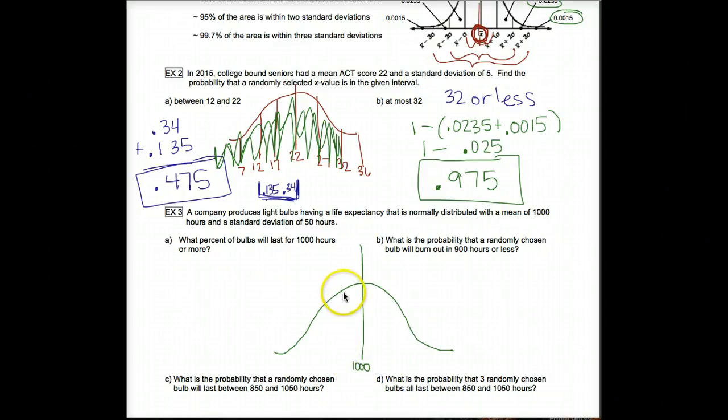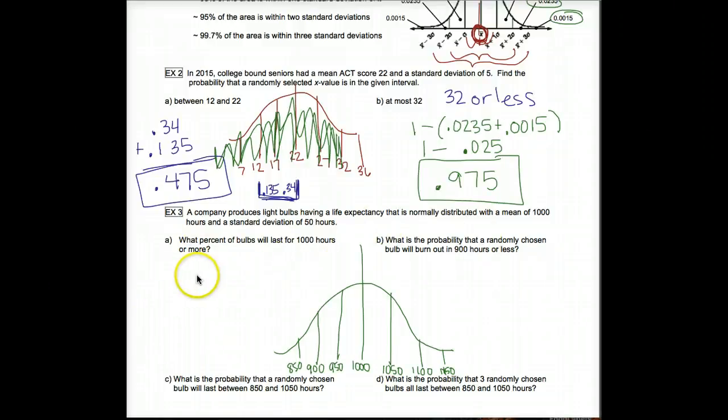Then standard deviation is 50, so 1 standard deviation away should be 950 and 1,050. 2 standard deviations away should be 900 and 1,100, and 3 standard deviations would be 850 and 1,150. And that gives me all the room for all of my little sections that I have in the normal curve.